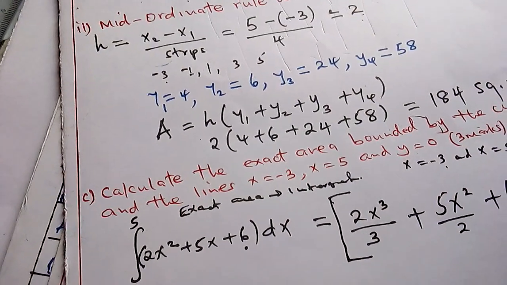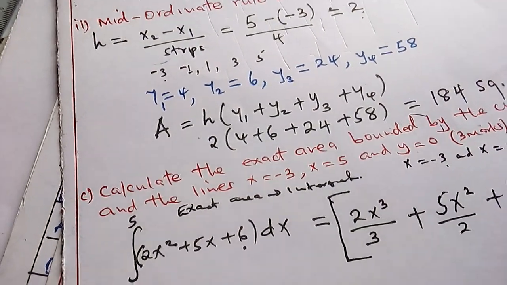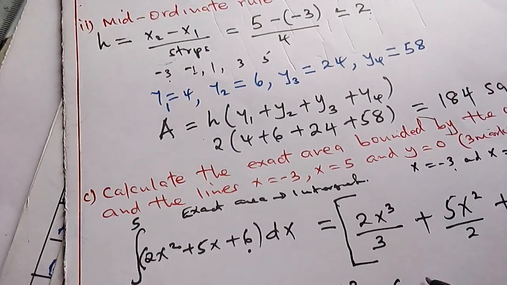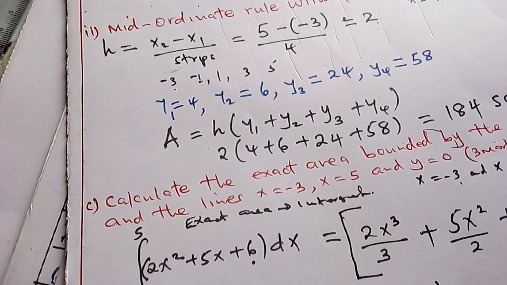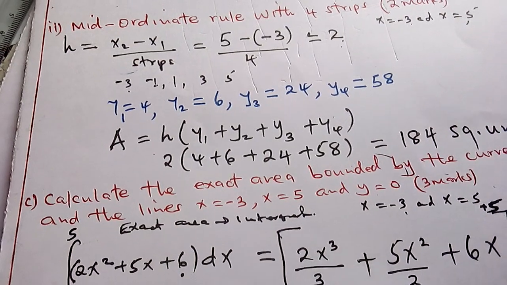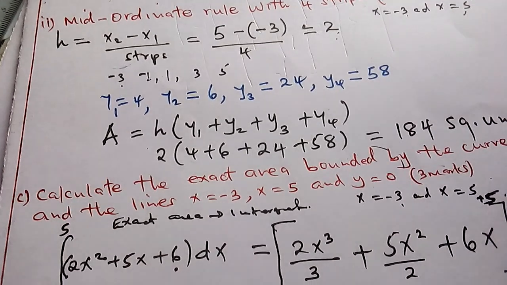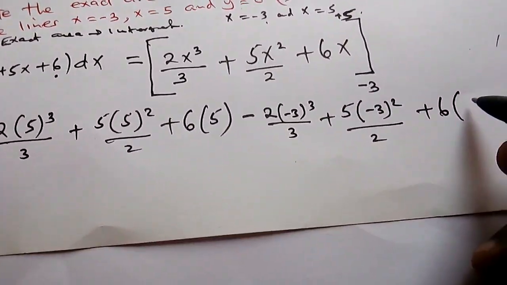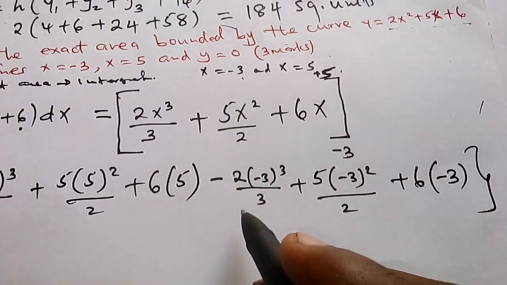So we are going to have 2 into 5 cubed over 3 plus 5 into 5 squared over 2 plus 6 into 5, minus 2 into -3 cubed over 3 plus 5 into -3 squared over 2 plus 6 into -3.